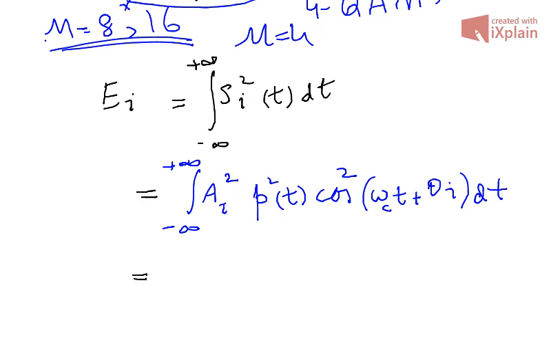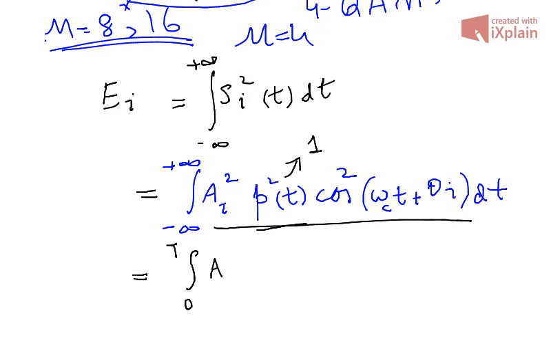Now if you observe, this p of t exists only from 0 to T, so this whole product exists from 0 to T, and for the rest of the time the product is 0. Now your limit automatically changes from 0 to capital T, and from 0 to T, p squared of t is the square of unity, which is unity. So you are left with A_i squared and cos squared.